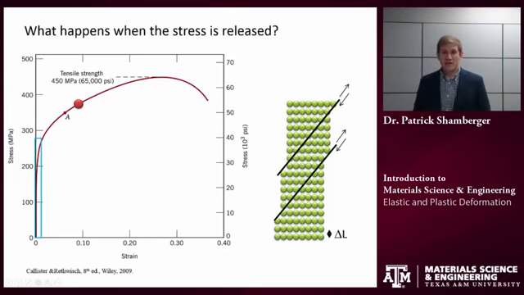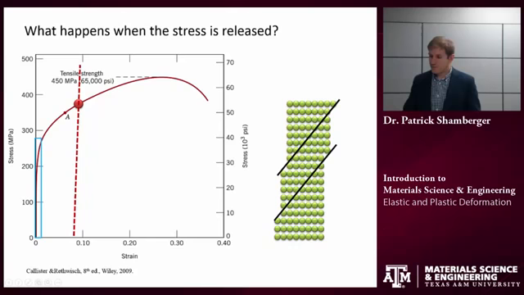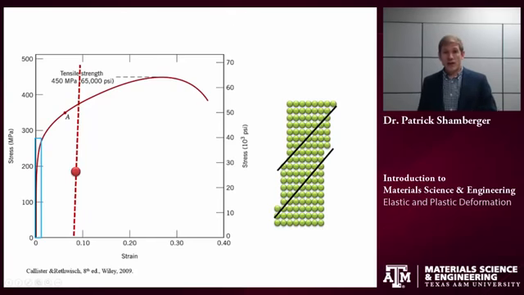And so additional plastic deformation I could get by slipping further along the same plane or by introducing new slip planes in the system. When I remove the stress, I will relax those interatomic bond stretches, but I'm not going to unslip the planes. So that is responsible for the irrecoverable permanent plastic deformation.